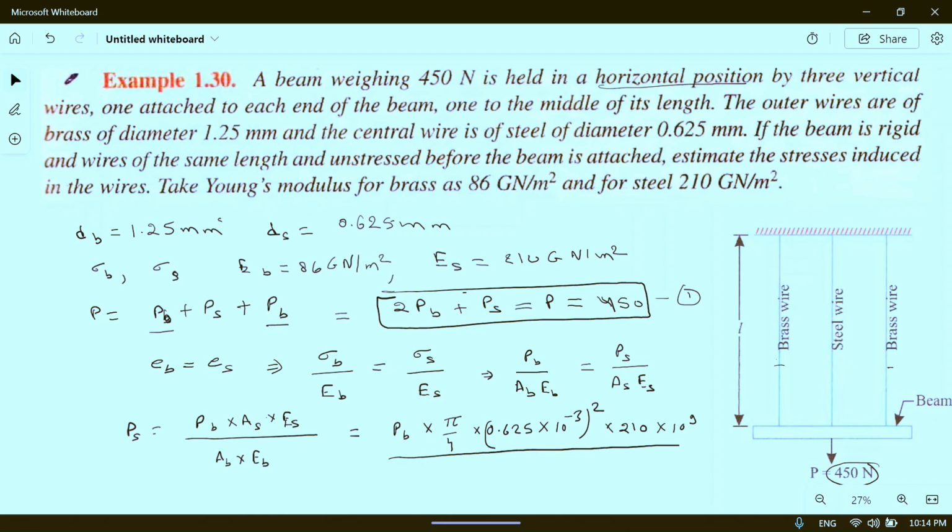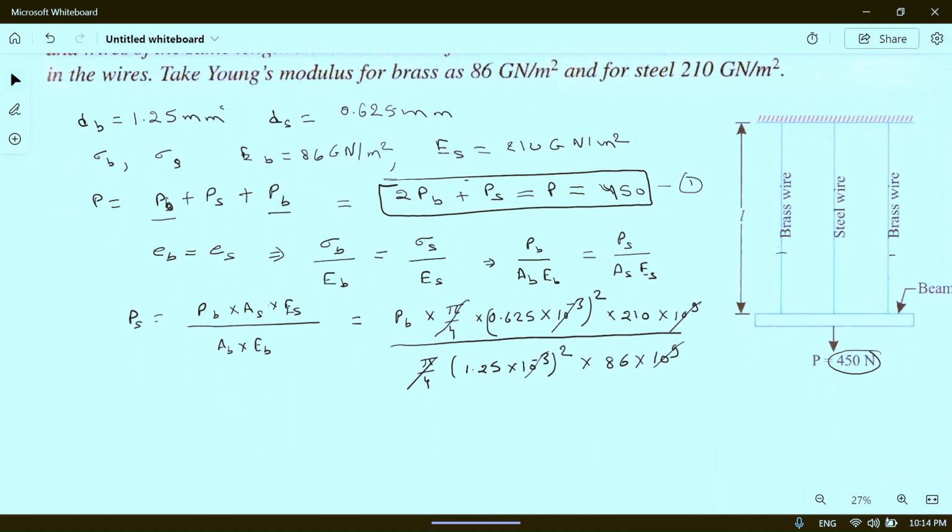Now area of brass is pi by 4 into 1.25 into 10 to the power minus 3 squared, into 86 into 10 to the power 9. So 10 to the power 9, pi by 4 and 10 to the power minus 3 will be cancelled. If we divide this, then we will get P steel is equal to 0.61 P brass. So this is our equation number 2.